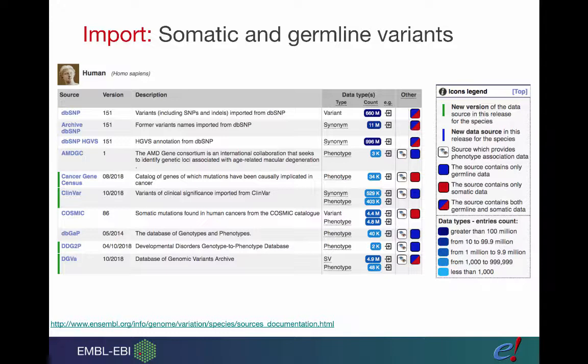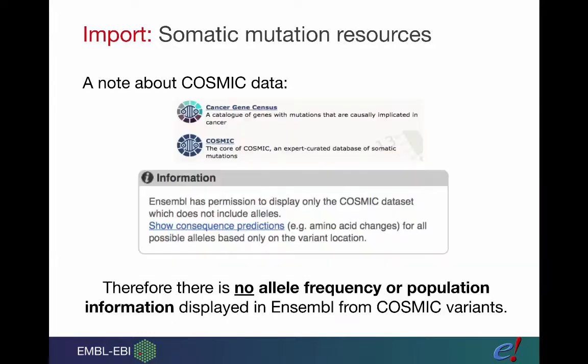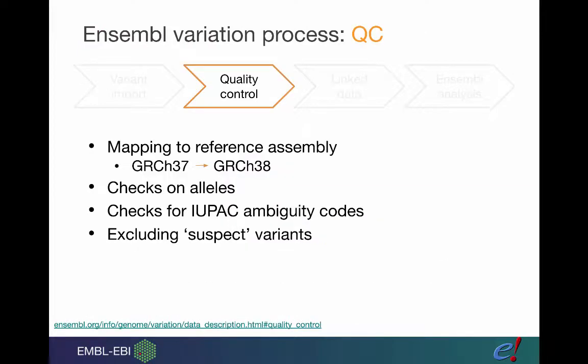So for species like human, we have many millions of variants. We also use somatic mutation resources, so we get data from sources like COSMIC for human. Because these are somatic mutations, they've occurred in the tissues, there's no allele frequency or population information for these variants.